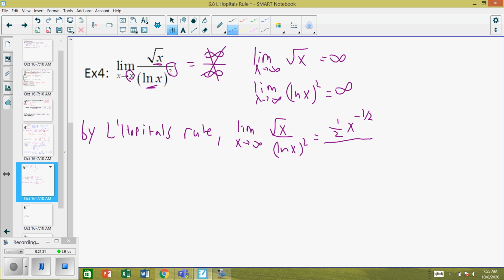So power rule and chain rule, so we're going to have 2 ln of x, and then multiply by the derivative of the inside, and the derivative of ln of x is 1 over x. Okay. And I forgot to rewrite the limit part in front of that, but y'all be sure to do that.